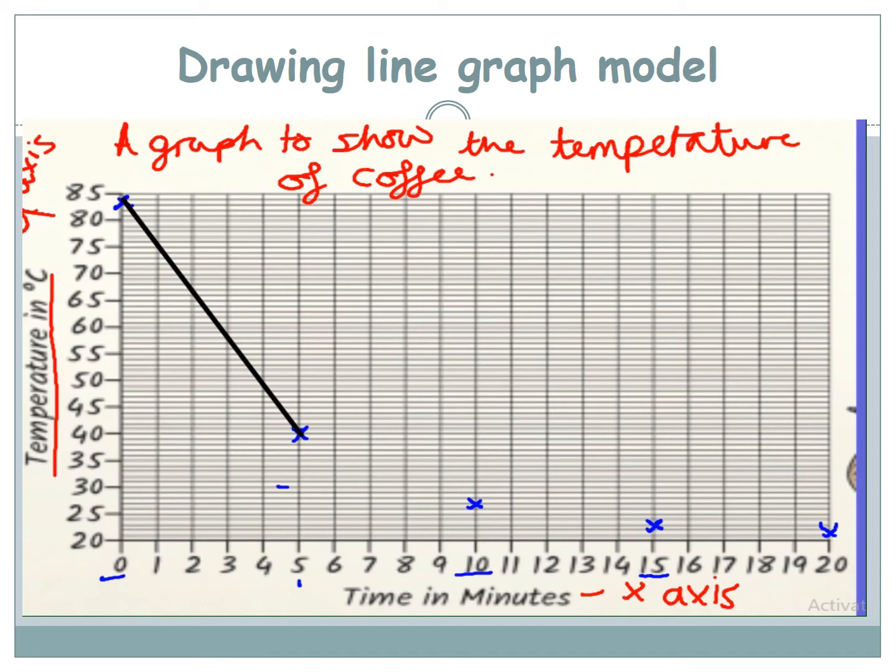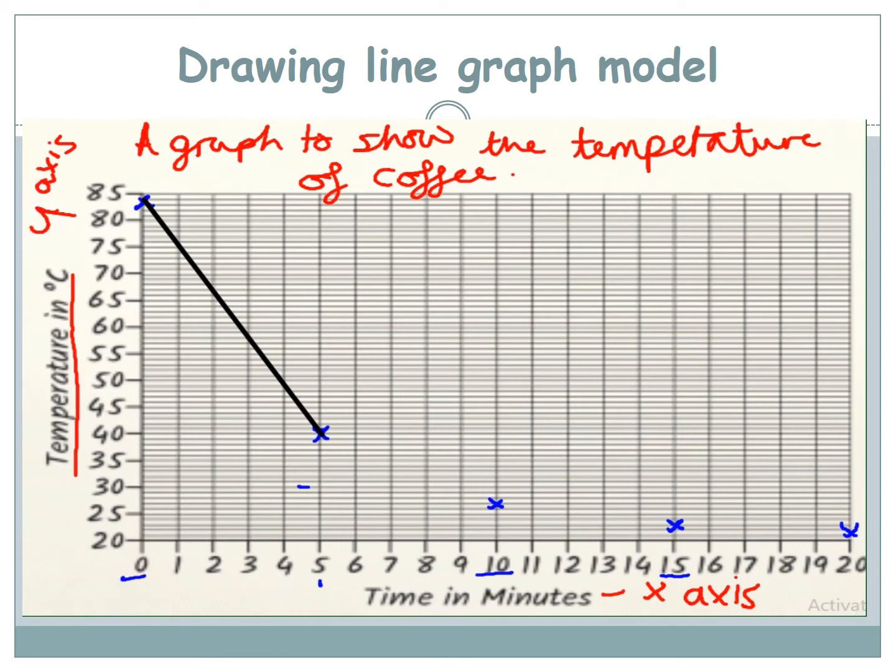That'll be easier. And then to there, to there, to there. Okay. So normally you'd use a ruler, but on this board it is quite tricky.